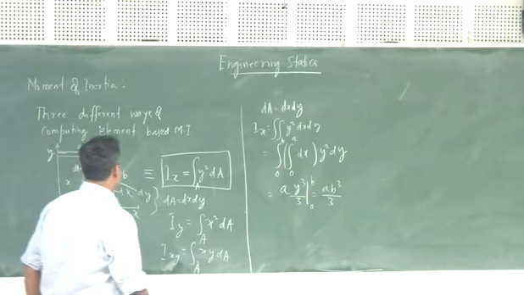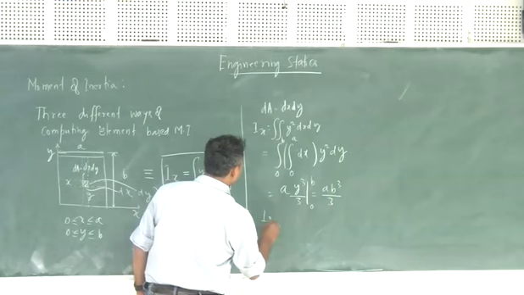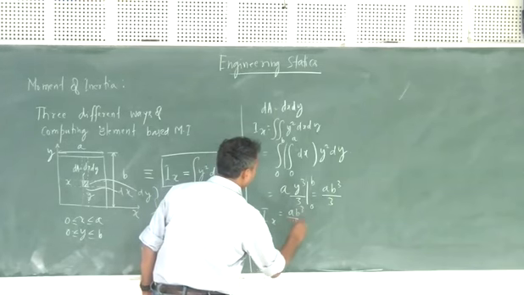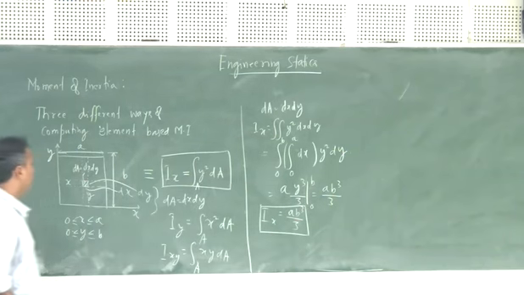This way you can find your Ix, which is given by a b cubed by 3, as the moment of inertia about the x-axis.